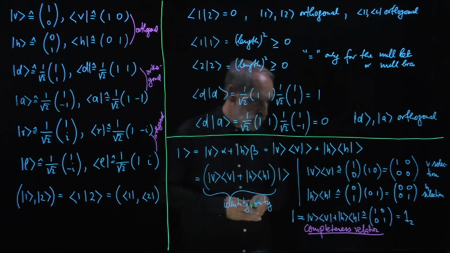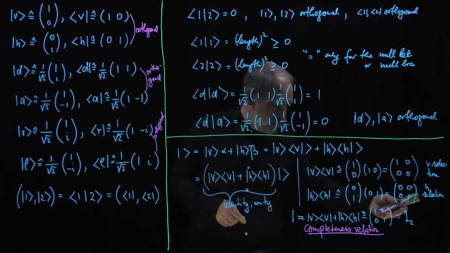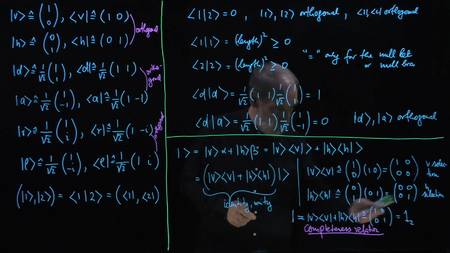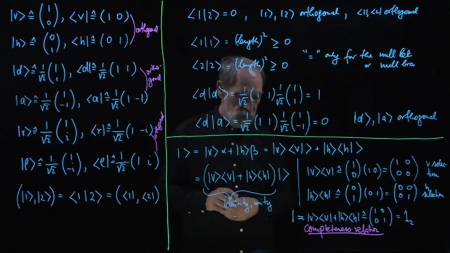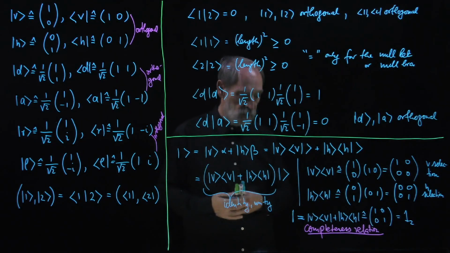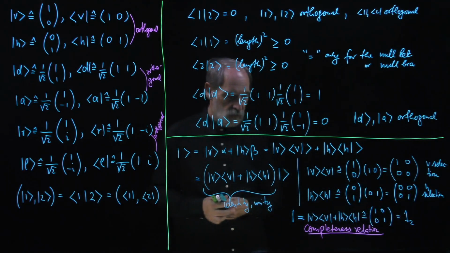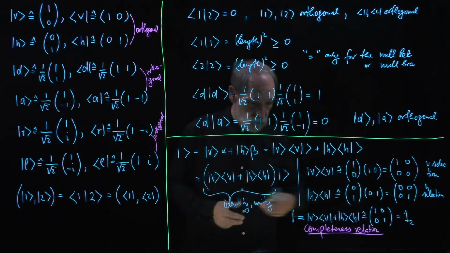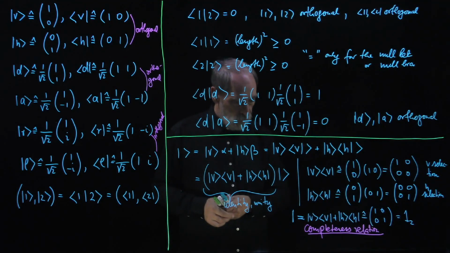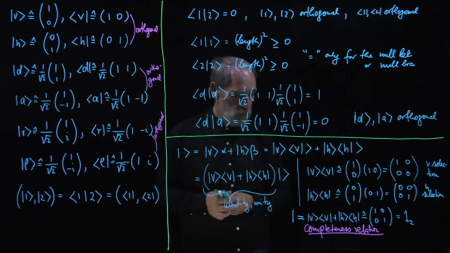When we talk about matrices, we tend to indicate the size of the matrix. So this is the 2 by 2 unit matrix. But over here we have an abstract identity for the kets and the bras, so we don't indicate something like 2 here. Okay, so this is the completeness relation for vertical and horizontal.